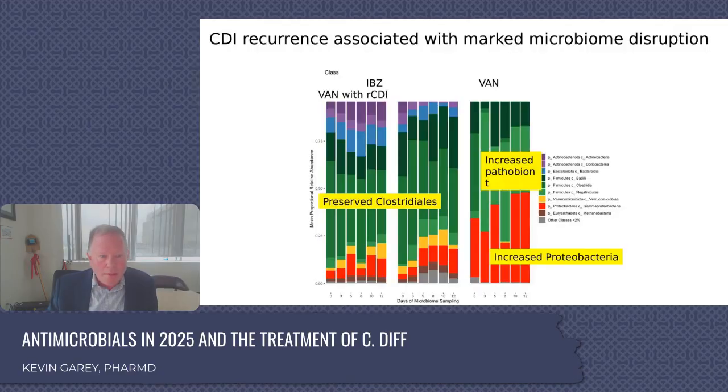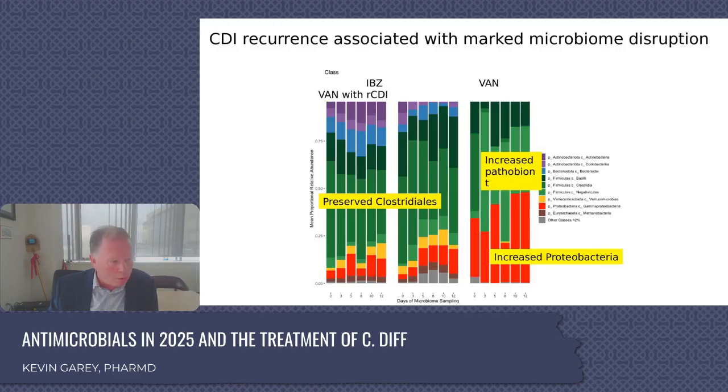So this is the same plot that I was showing you before. This is all the patients in this first proportional plot that had ibezapolstat. And you see lots and lots of green stuck around. And that's the preserved Clostridiales that would predict non-C. diff recurrence. And here in the middle plot is patients given vancomycin who did not have recurrence.